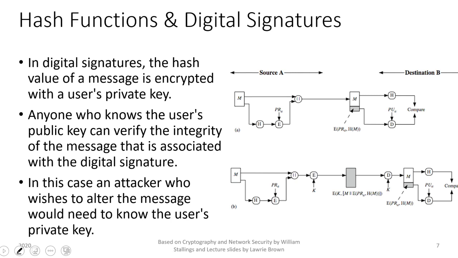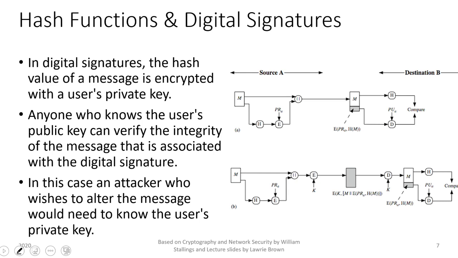Then another important application, which is similar to message authentication, authenticating the messages, is known as digital signatures. So the operation of digital signatures is very similar to message authentication.